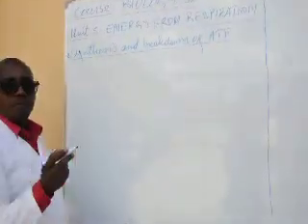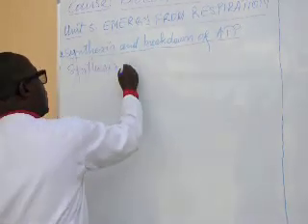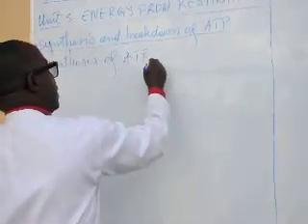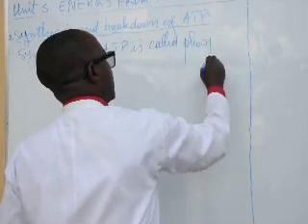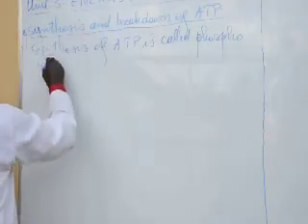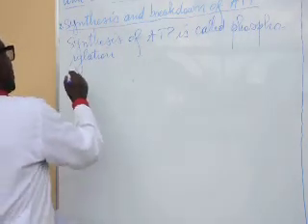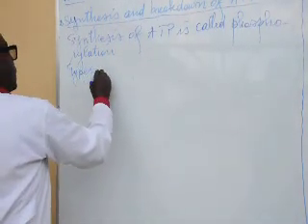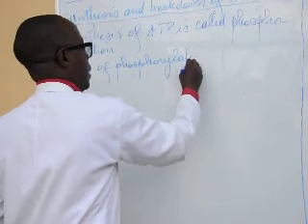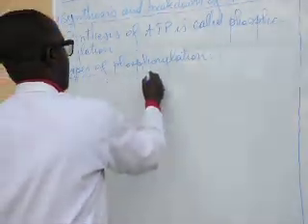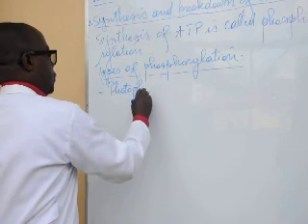The synthesis of ATP is called phosphorylation, and phosphorylation is of three types. The first is photophosphorylation.